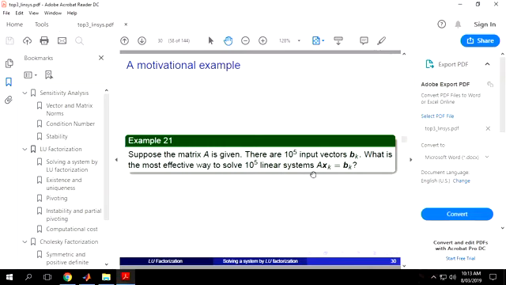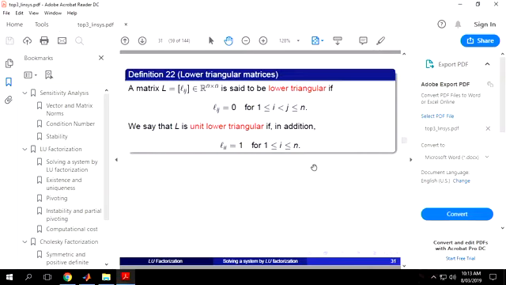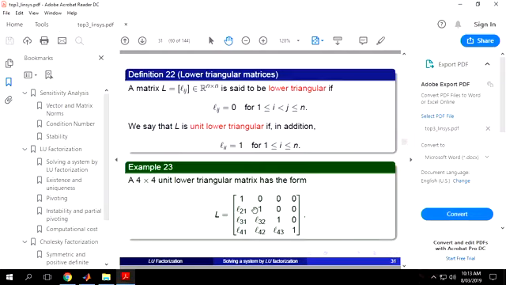So first, we define what is the lower triangular matrix. A lower triangular matrix is a matrix that looks like this. The off diagonals, the upper part, are just 0, and the lower part are non-zero.